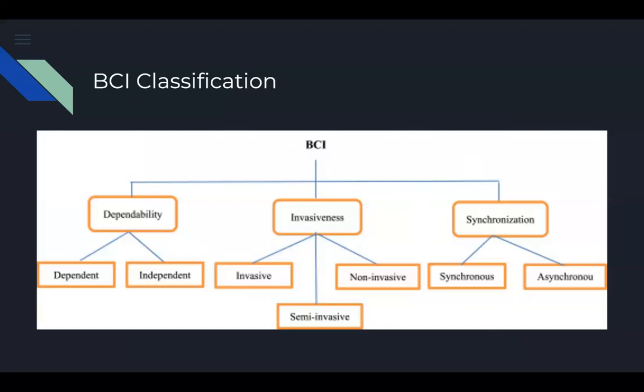Now the next is invasive BCI, which is categorized into three parts: invasive, semi-invasive, and non-invasive. Invasive is done through a neurosurgeon implanting electrodes or devices on the brain, and it can be done only by a highly skilled neurosurgeon.